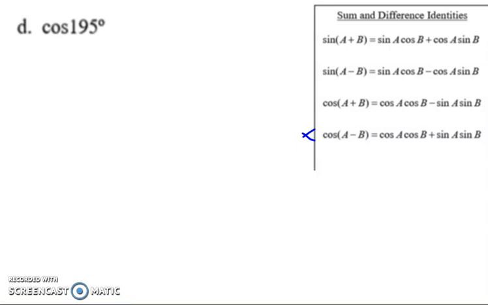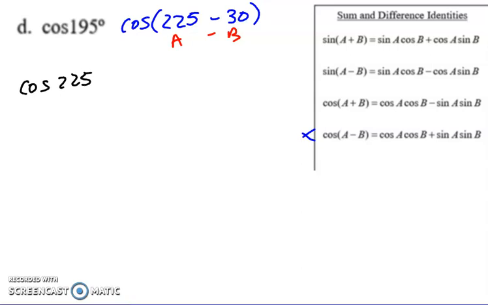So we're going to say cosine of 225 minus 30, where we'll let 225 be A and 30 degrees be B. So let's take the cosine of 225 times the cosine of 30 plus the sine of 225 times the sine of 30.